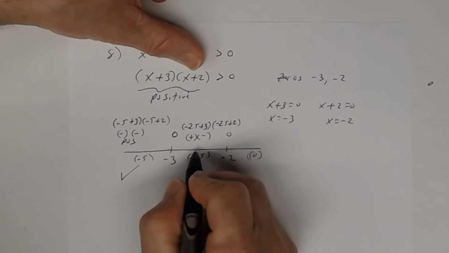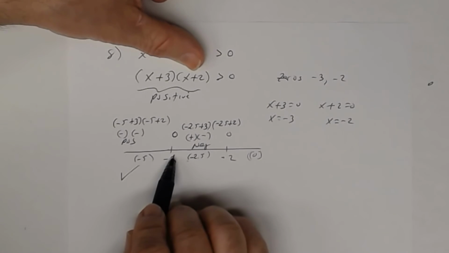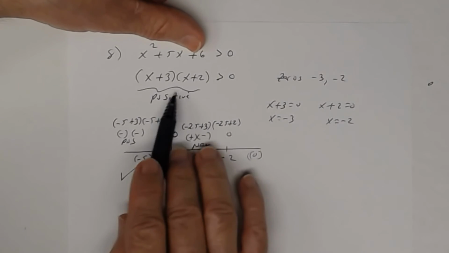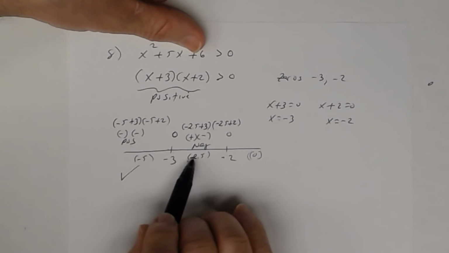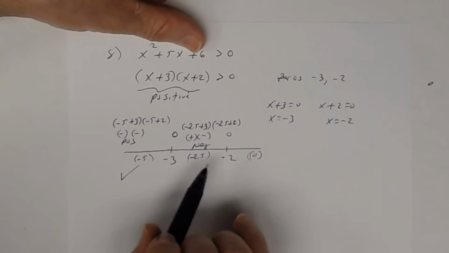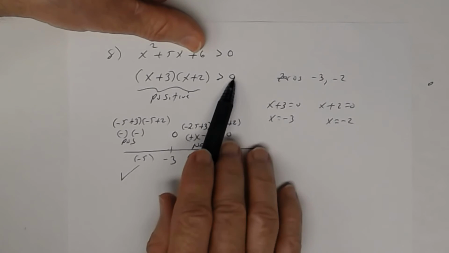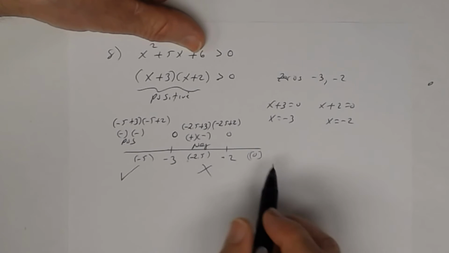A positive times a negative is a negative. So is this interval from -3 to -2 going to be a solution? Nope. Because I want only positives. So any number between -3 and -2 will make this product negative, and I want it to be positive. Greater than 0 is positive. So I'm not going to use it.